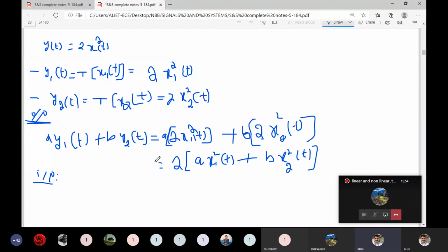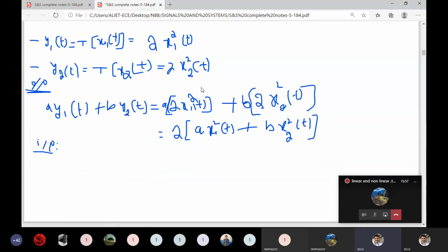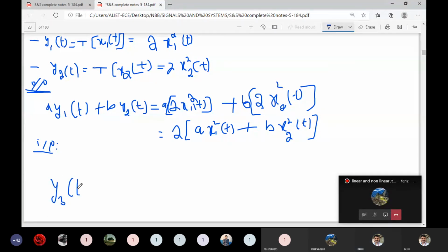What are the inputs we have? That is the third one I am assuming, y3 of t equals the transformation of the inputs also: a into x1 of t plus b into x2 of t.